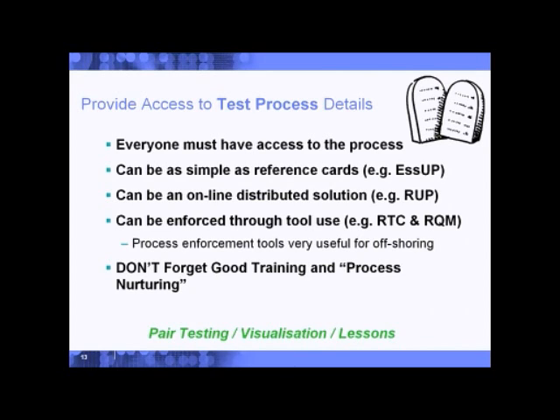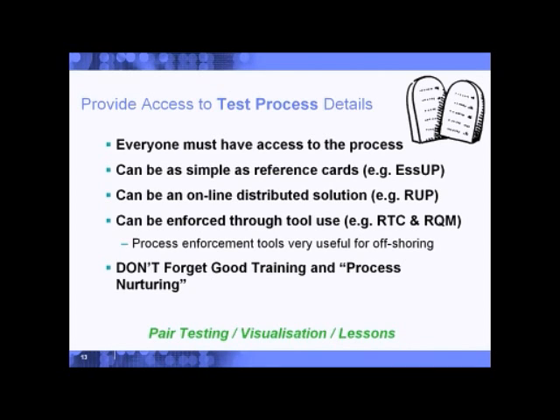Process enforcement sounds a bit dictatorial, but the reality is that what we have is a fantastic way to manage the entire project, whether they're co-located, in different sites, or offshored, by using these tools following the process. And of course, and I should have mentioned this as well for online solutions, these things need to be customizable. You need to be able to introduce your own specific requirements to the process and have those maintained.